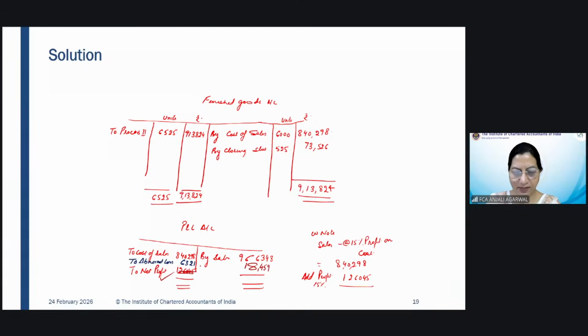So 966,343 plus an abnormal gain of 18,459 minus cost of sales 840,298 minus abnormal loss 6,321. So your true profit is 1,38,183. Small differences because of rounding off. Got it?